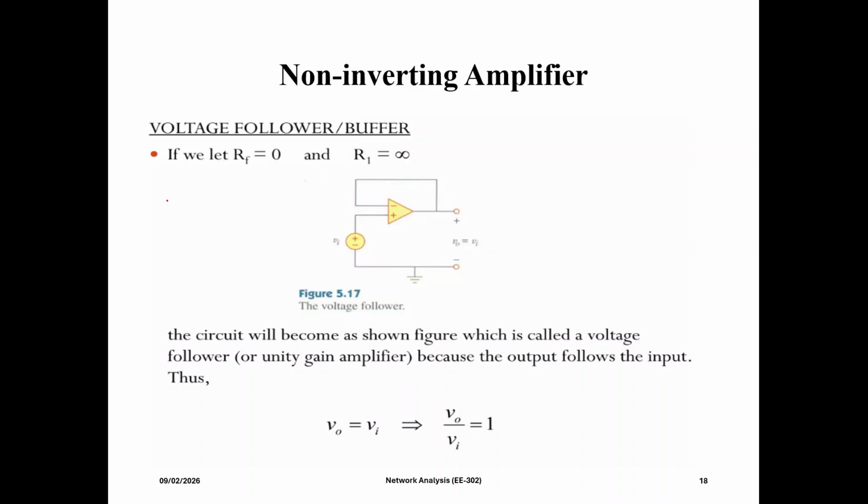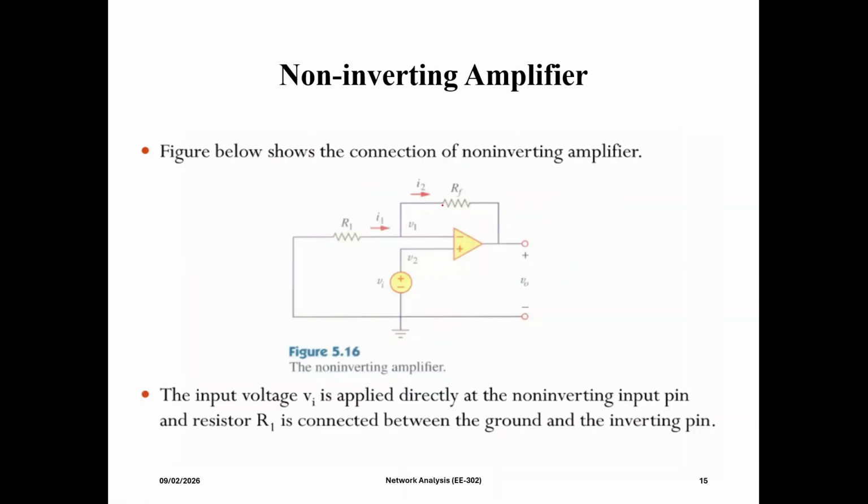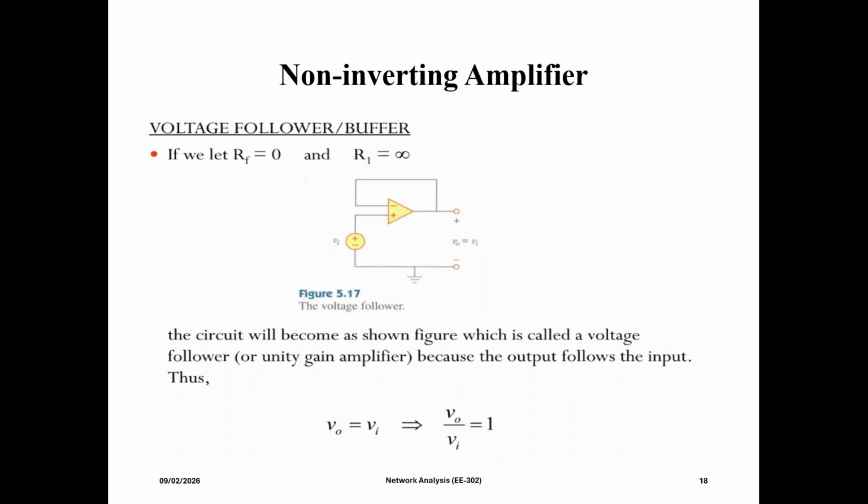If we set RF equal to 0 and R1 equal to infinity in the previous non-inverting circuit, then in this configuration the output is directly connected to the inverting input, and the input goes straight to the non-inverting input.